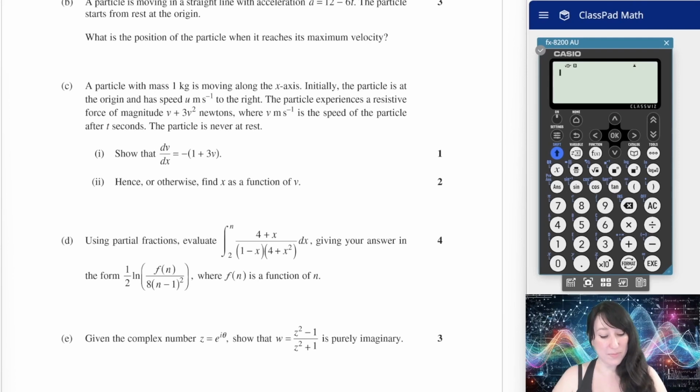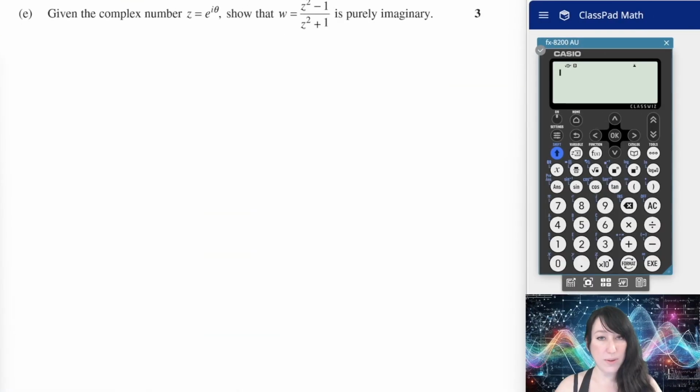Question 12e. Given the complex number z equals e to the i theta, show that w equals z squared minus 1 over z squared plus 1 is purely imaginary. Okay, let's consider the polar form of z in this expression of w. Since z is squared, the argument will be 2 theta.